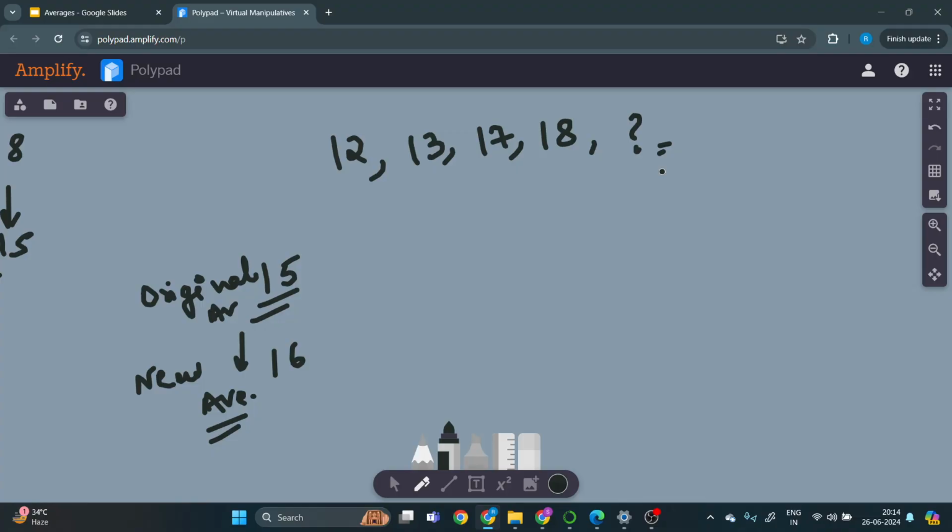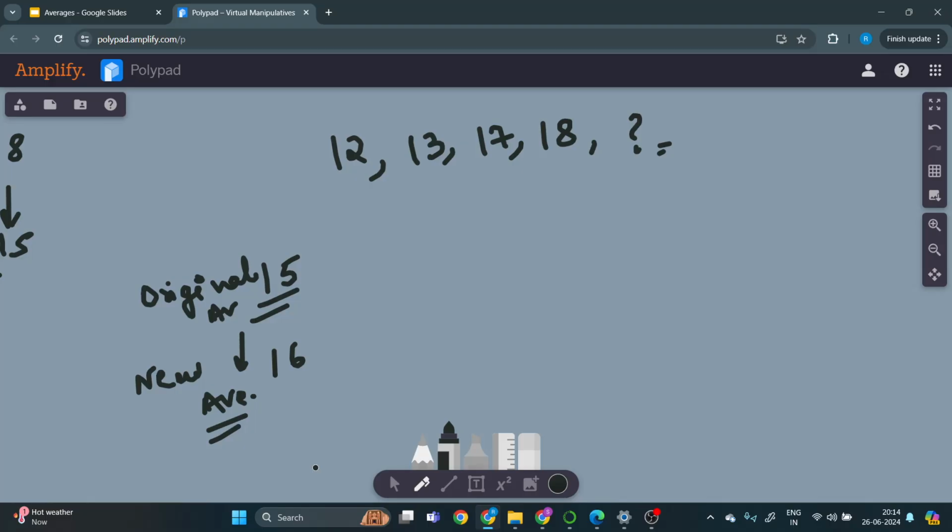So what should be the fifth number so that the average is 16 now? Okay, I hope you understand my question. There were four numbers, their average was 15. Now I want to add a fifth number such that the average of the five numbers now becomes 16.